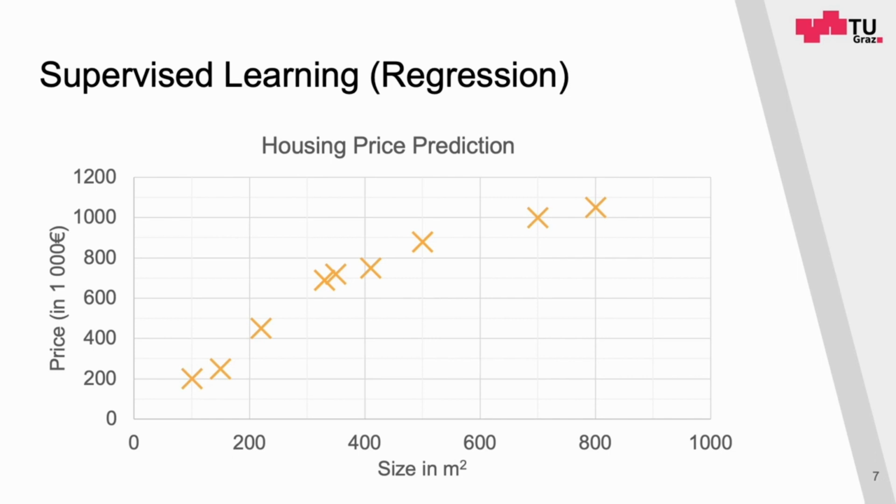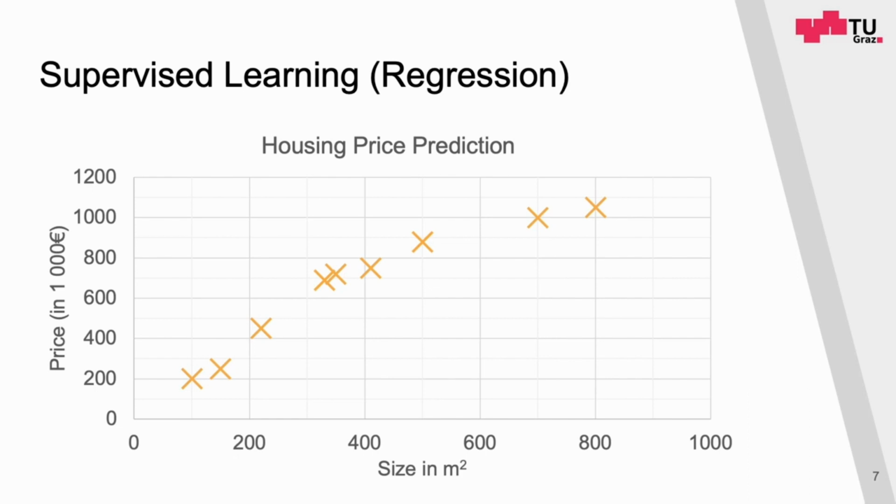It contains the prices of some houses, and it also has some additional features which describe a house, for example, the size in square meters, and the price. As you can see in this plot, the larger the size in square meters, the larger the price. So we have a positive correlation basically. The higher the size, the higher also the price.